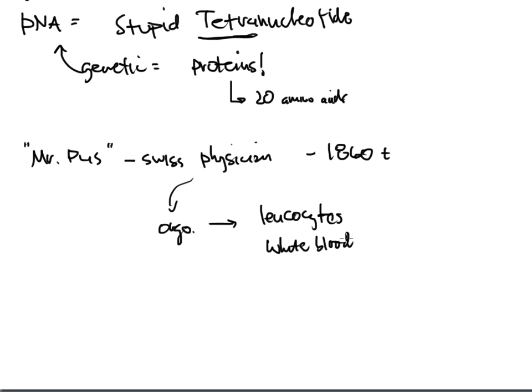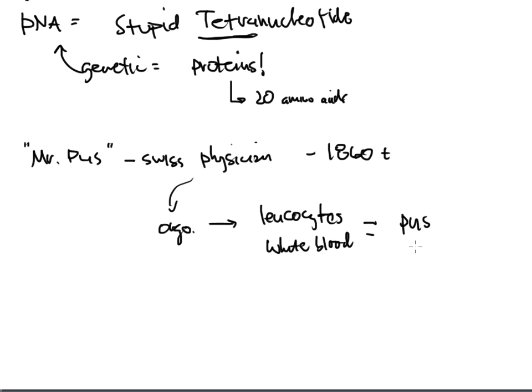Well, like any good scientist, he came up with a very creative way to get what he needed. He would go around to the hospitals, and he would go around to people that were suffering an injury or some type of illness, and he would collect the pus, because that was white blood cell containing.